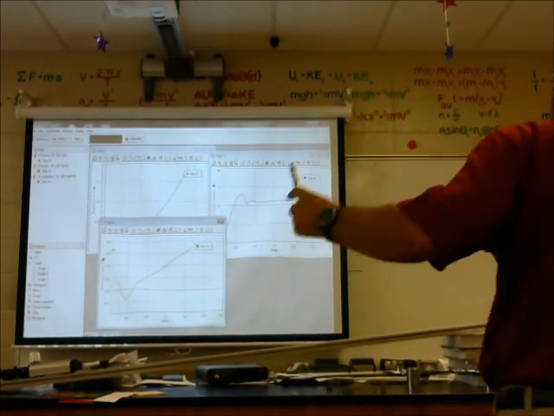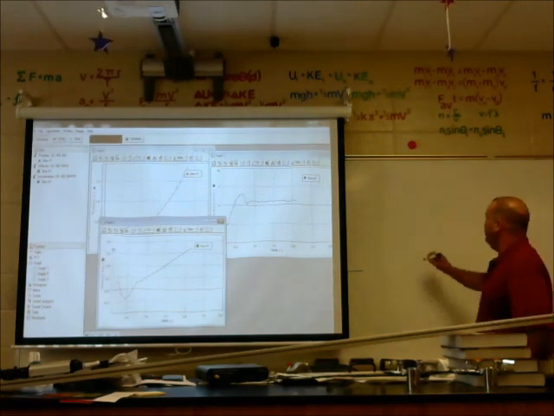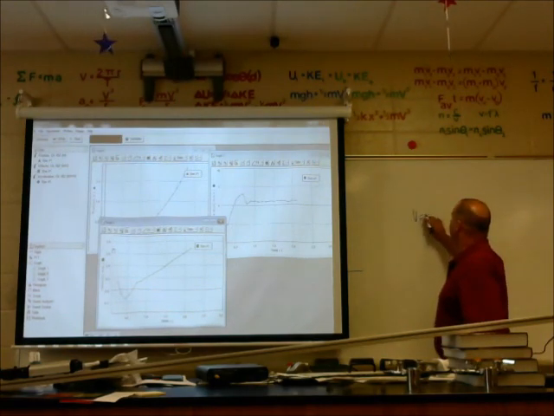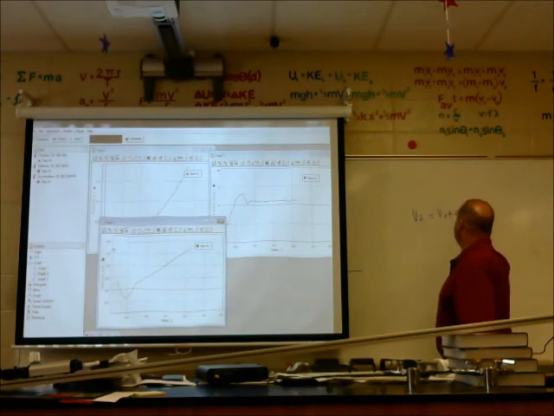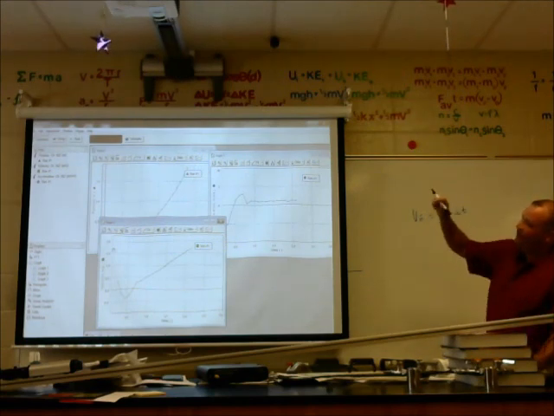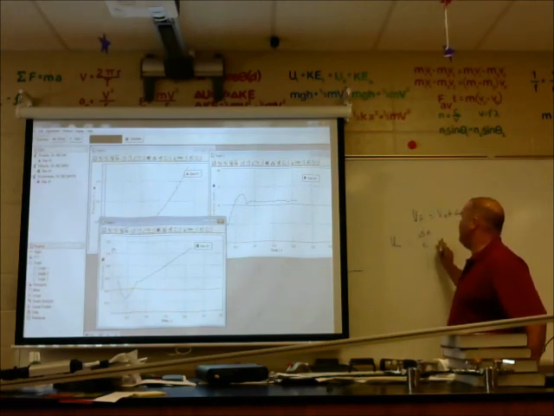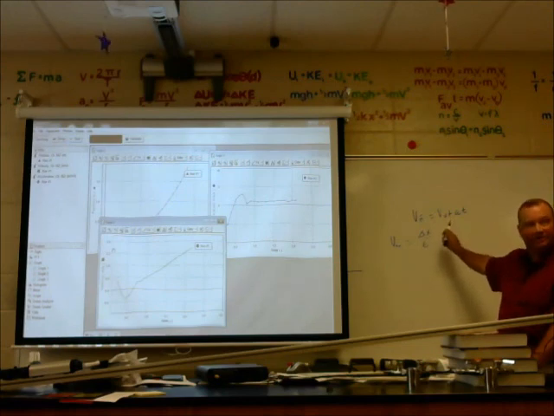Those formulas that are up there in blue, a couple of them are definitions, right? Primarily vf equals v naught plus at. That's a definition of acceleration, right? And then average velocity equals change in position over time is that average velocity when we're not accelerating.